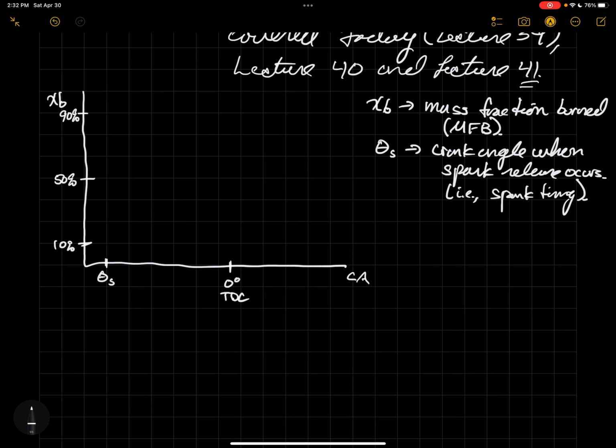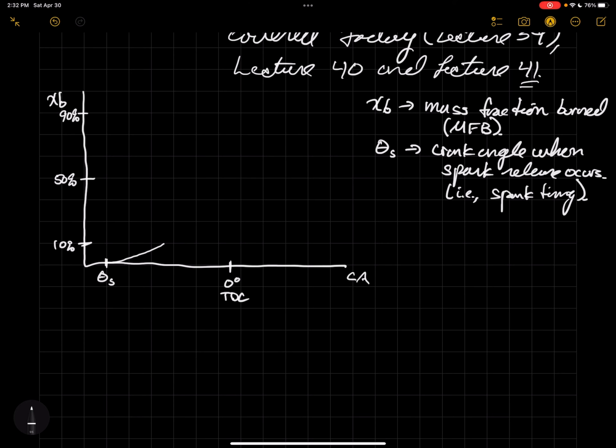And so our mass fraction burn curve will initially look something like this, okay, where the mass of fuel that actually burns will rise in a rather slow fashion, okay?